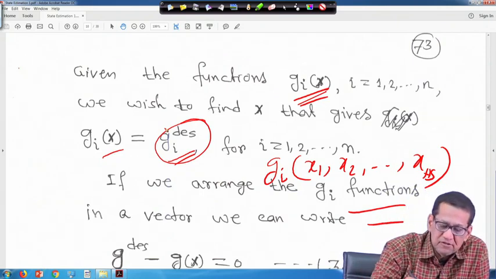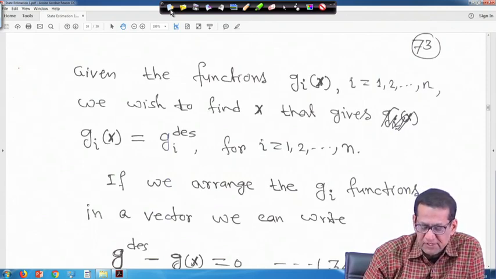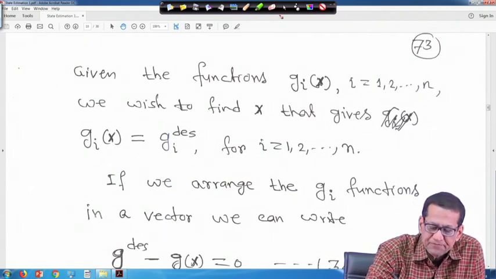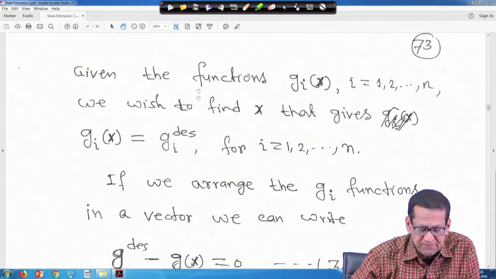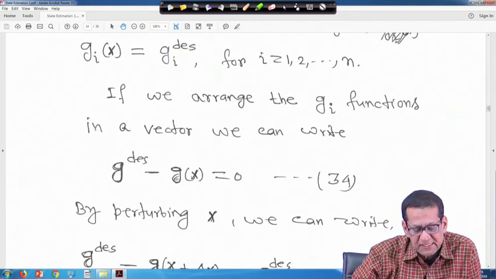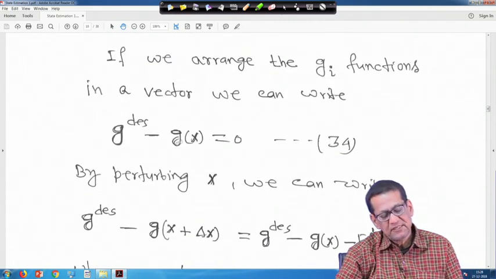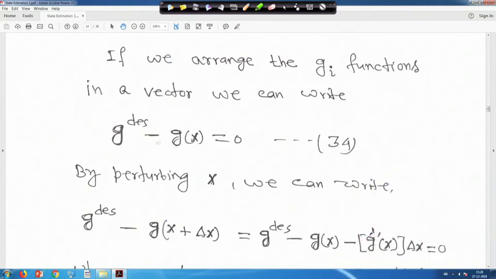If we arrange the g_i functions in a vector, we can write g desired minus g(x) is equal to 0. We want that when it converges, g(x) should be equal to g desired.